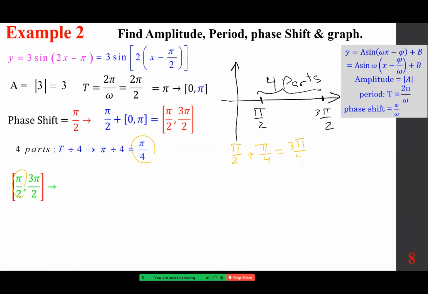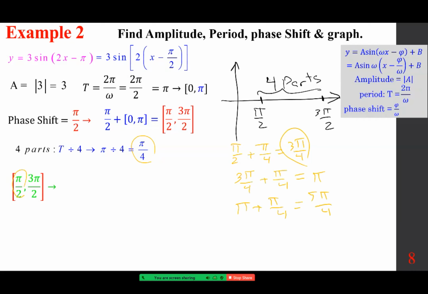This is my next point. Now that I have this one, I'm going to add the same thing, namely pi over 4. That gives me the next point, which is 4 pi over 4, or simply pi. Then I'm going to add pi over 4, and that gives me 5 pi over 4.